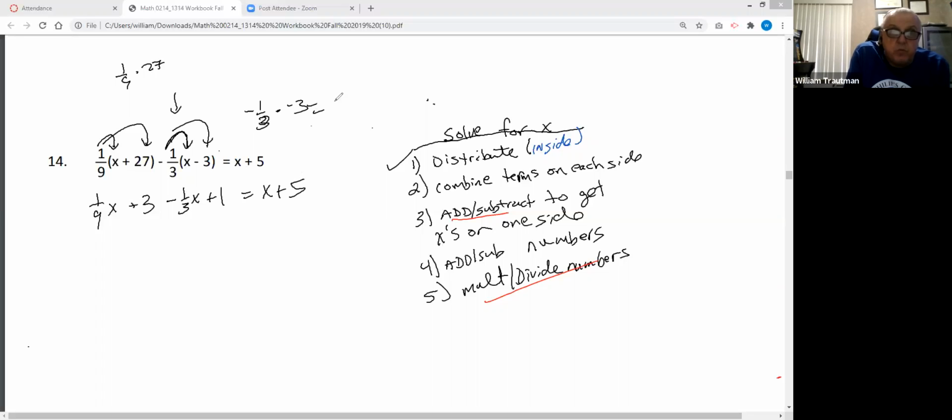When you put that in your calculator, you get a positive 1. It's important because some people won't distribute that negative sign and they get the problem wrong. This is a positive 1/9, but this is a negative 1/3 we're distributing. Negative times a negative 3 is a positive. Negative 1/3 times a positive 1 is a negative 1/3.